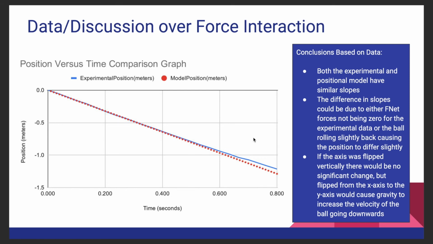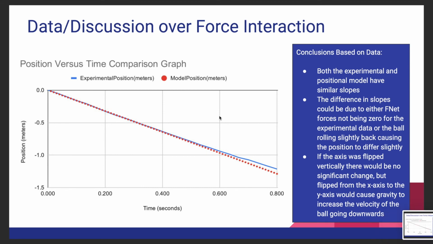Now, if the axes were flipped, then the experimental position would be at a greater negative position than the linear position, which we can deem inaccurate as there is no indicated force, as seen in the video, to cause the ball to move further into the negative direction than the model position.